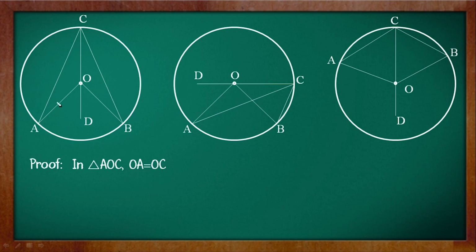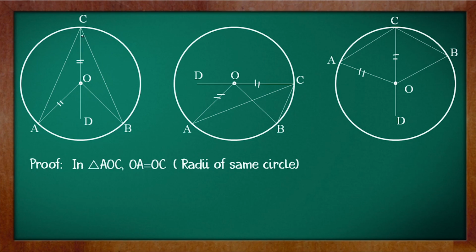And here also OA is equal to OC, and here also OA is equal to OC. And why is that so? Because they are the radii of the same circle. So this is the radius, and this is also a radius. Both are radii of the same circle, so they will be equal.